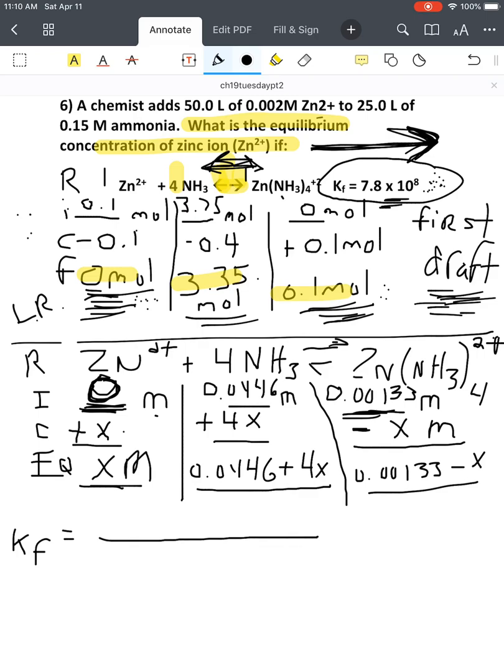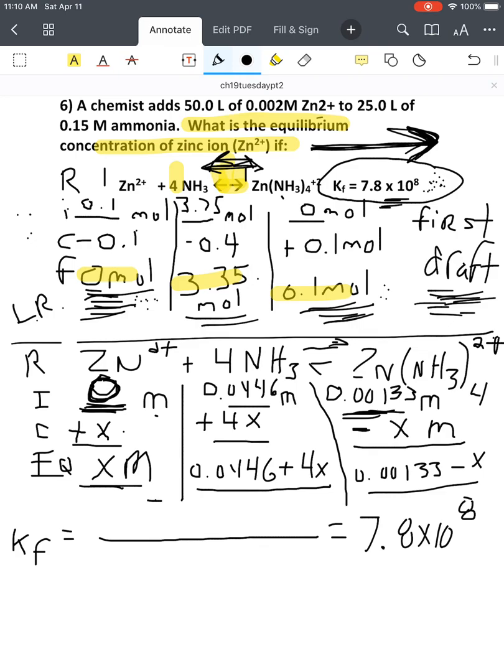To do that, we need to go to our equilibrium constant expression, Kf. Now we know the value of Kf in this problem. We're given that up above. 7.8 times 10 to the 8th is our Kf value. And as with any equilibrium constant, it's always equal to products raised to their stoichiometric coefficients divided by the reactants.